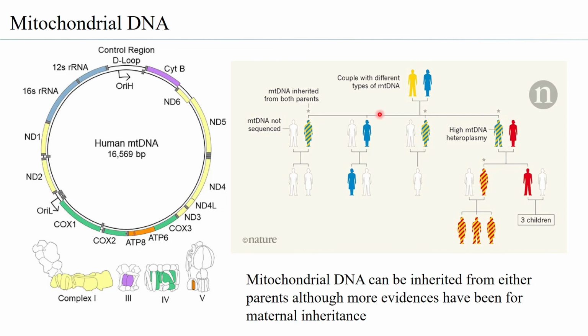A recent study has shown that both the father and the mother can be responsible for passing on the mitochondria to the children. But majorly, what has been observed is that the inheritance is more maternal than paternal. So there are more evidences of maternal inheritance for the mitochondrial DNA.